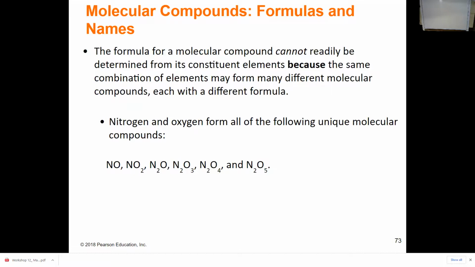Okay, now we have all these examples of these nitrogen and oxygen compounds. Let me write them down because we'll go through them, and we'll follow this process.